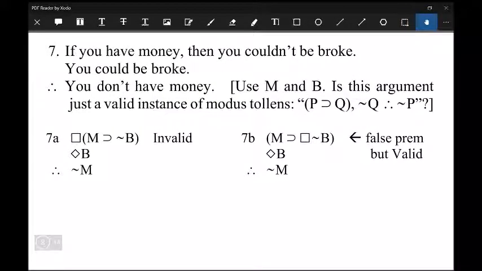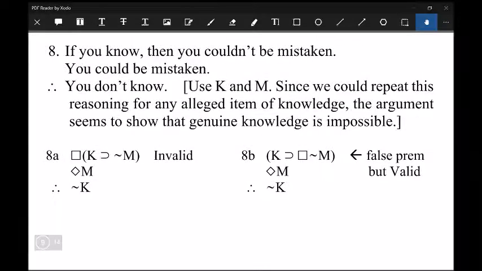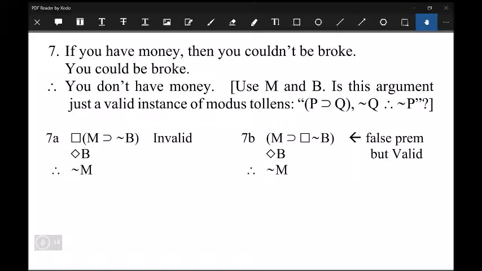Now, 7 and 8 go together. They're really the same argument in terms of the form. One is about money, the other is about knowledge. The important one is 8, about knowledge. This is thrown in because it's somewhat easier to understand, and it's the same argument in terms of its form.